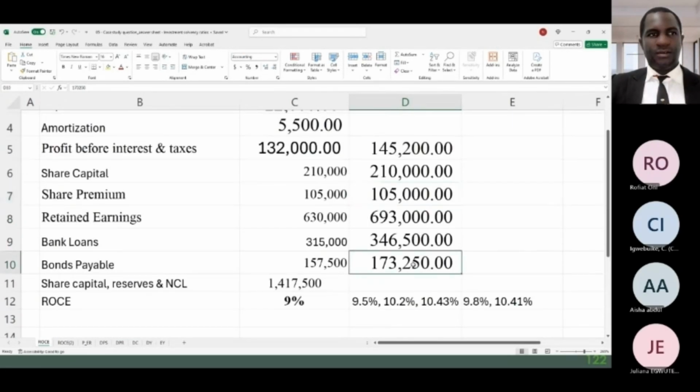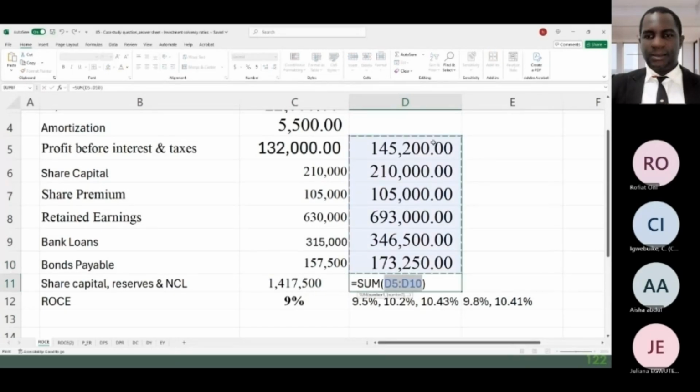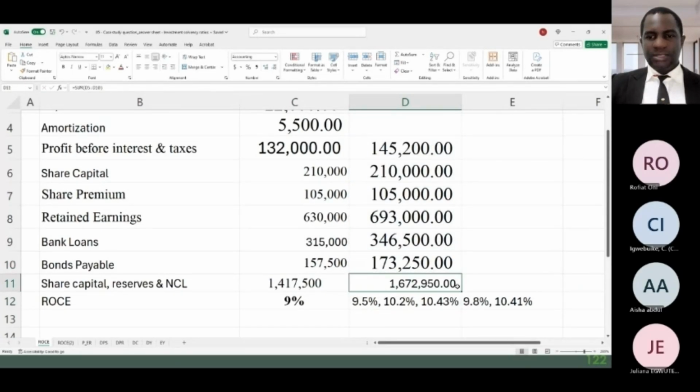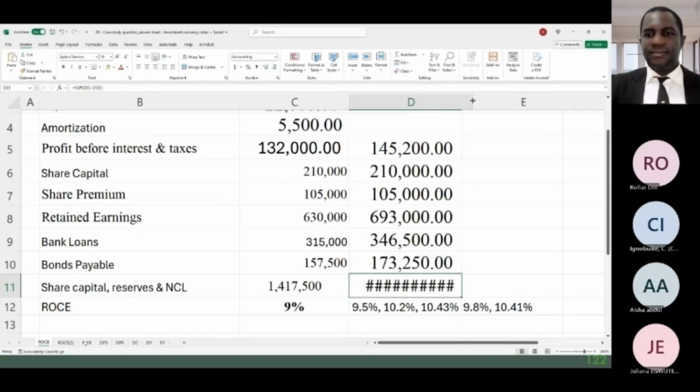Okay, so we have a total of 1,672,950 as our total capital, internal and external. You understand what I mean?